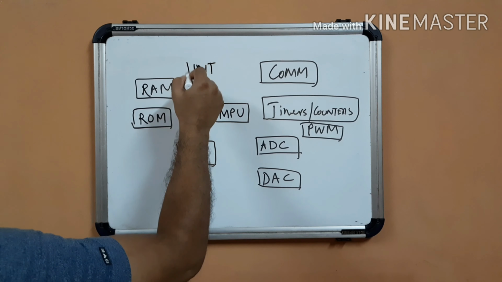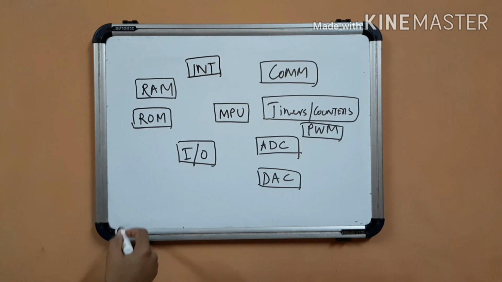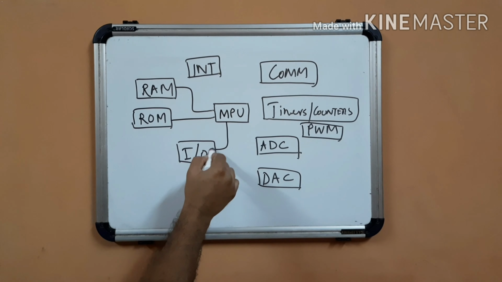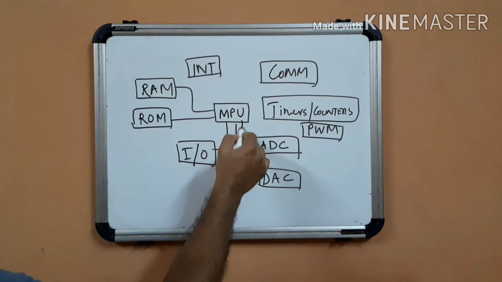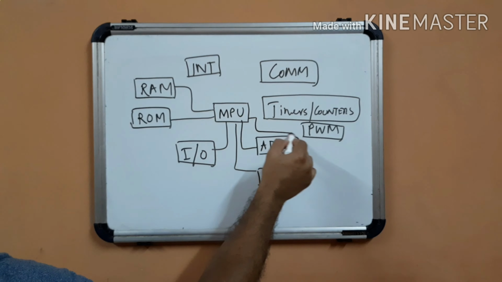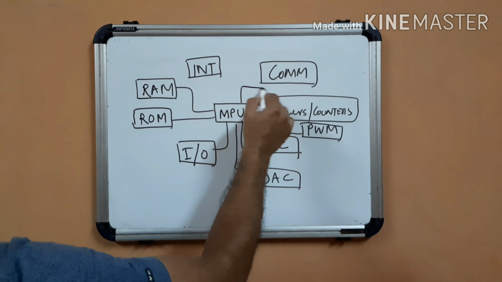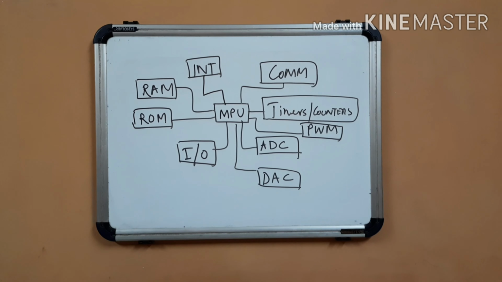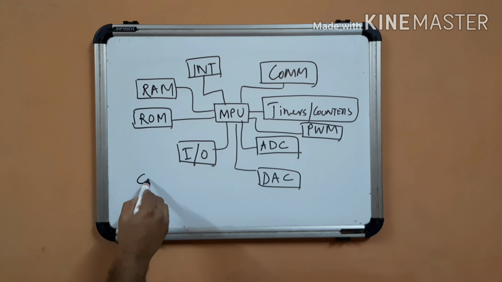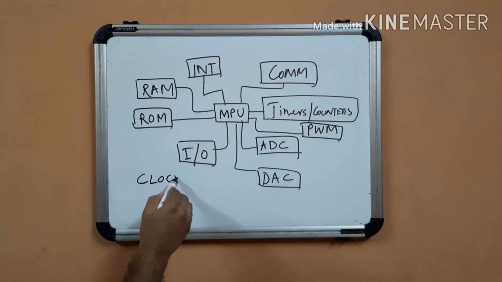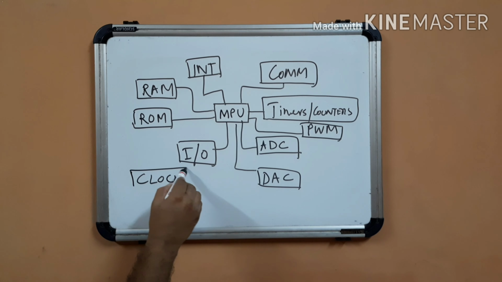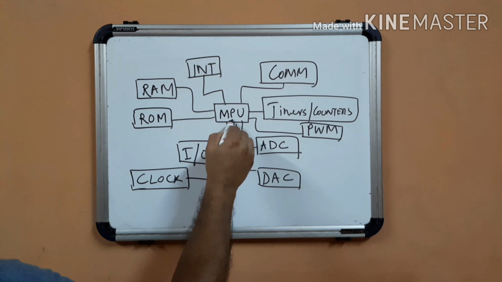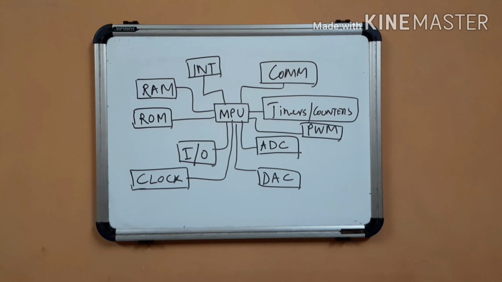So we needed some interrupts for our program. All these were connected to the MPU. And one more thing I should not forget was a clock. A clock is like a heartbeat to the microcontroller. Without the clock, the microcontroller will not work.